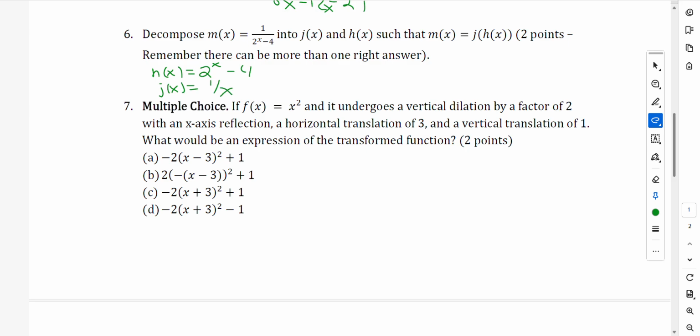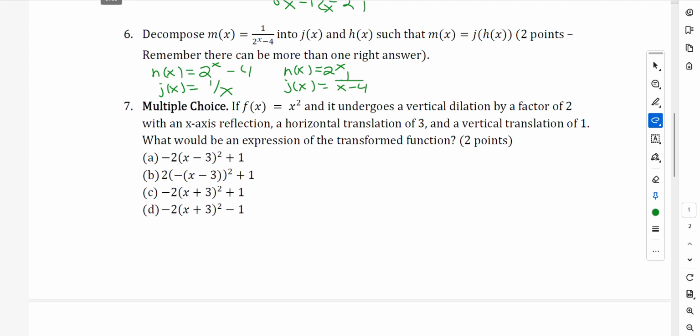You could have done it like that, or you could have done h of x equals 2 raised to the x, and j of x would be 1 over x minus 4. Okay. All right, taking either of those.